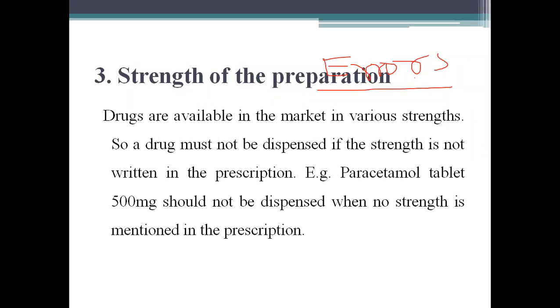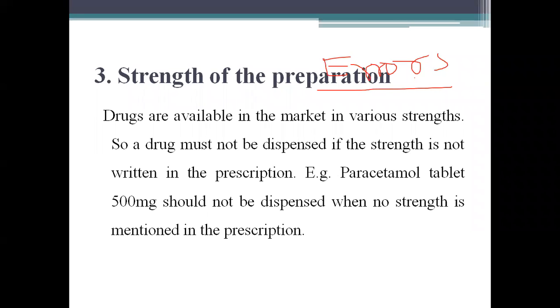Understand? म्हणून strength of the preparation is compulsory to write by the doctor on the prescription. समजा फक्त पॅरासिटामॉल लिहिलेला आहे, मग काय समजायचं फार्मासिस्टनं? 250 mg ची द्यायची, 500 mg ची द्यायची, का 650 mg ची द्यायची? सो स्ट्रेंथ ऑफ प्रिपरेशन creates the error in the compounding and dispensing of the prescription, and that's why the strength of preparation is compulsory to write, compulsory to mention on the prescription. Understand, my dear students? This is the third error in the prescription.